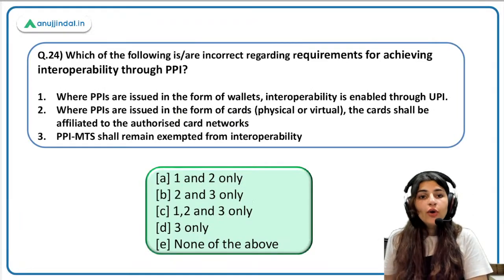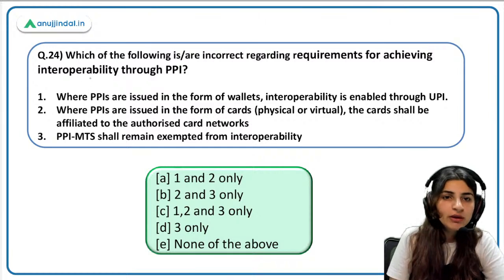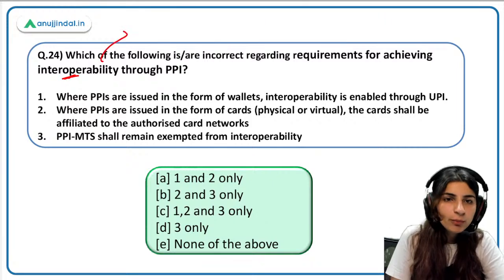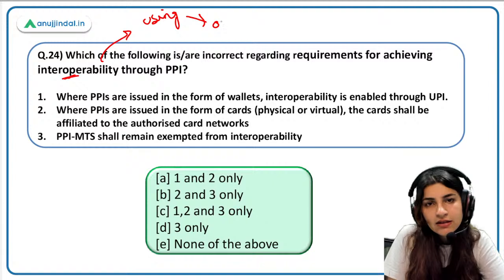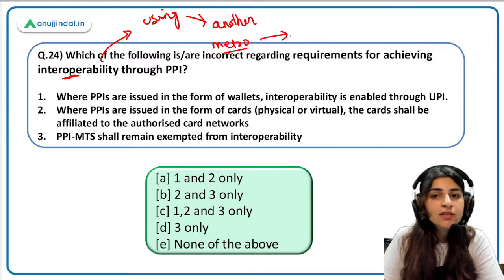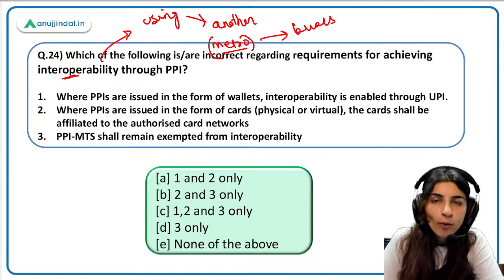Okay, which of the following are incorrect regarding requirement for achieving interoperability through PPI? What is interoperability? When using one mechanism, you can make payment in another mechanism also. So for example, a metro card, let's say the government brings out that you can use this metro card on buses as well. So this means it has become interoperable.